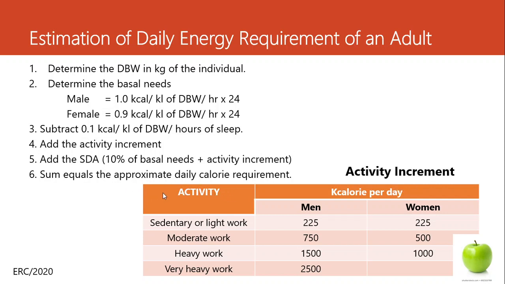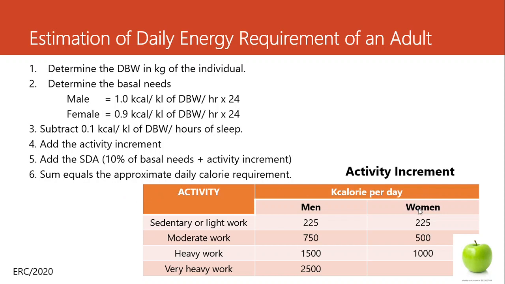For example, moderate work. So 1,160 plus 750, we have 1,910. So add the SDA, 10% of the basal metabolic needs. Our basal metabolic needs earlier is 1,200. So the 10% of it is 120. So add the 750 since we have identified that the individual has the moderate work kind of activity.